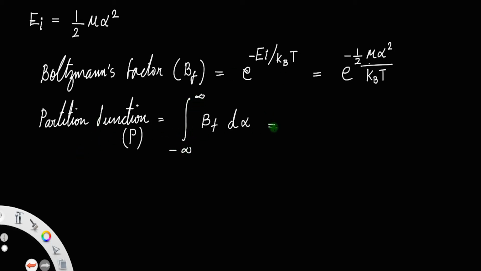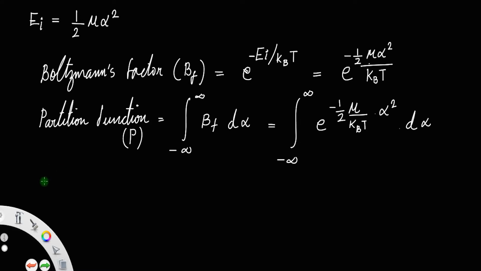So this is equal to the integral from minus infinity to infinity of Bf, which is the exponent of minus 1 by 2 mu by kBT times alpha square, into d alpha. I'm just writing this equation, but I collected these two constants together because we have a purpose for this, right? So let's write it like this.